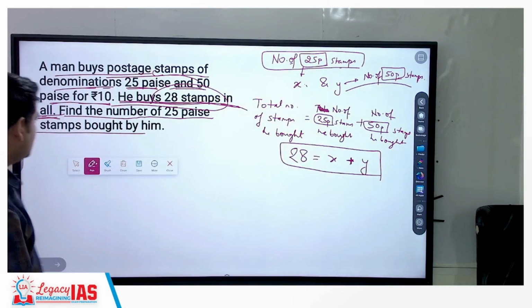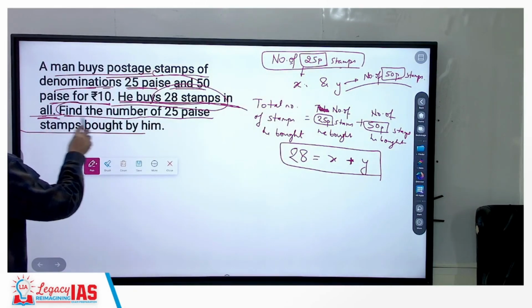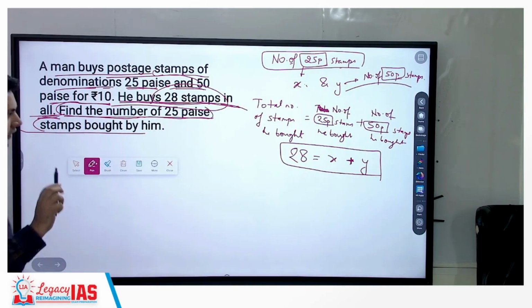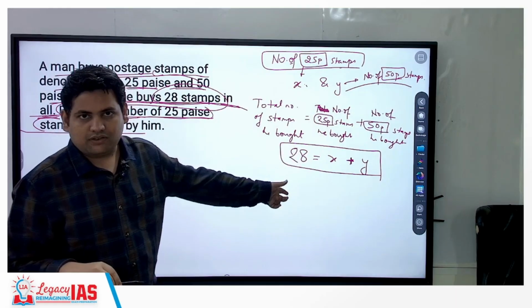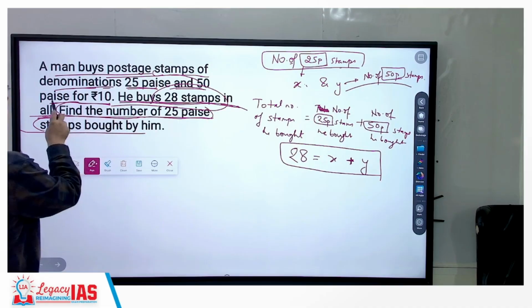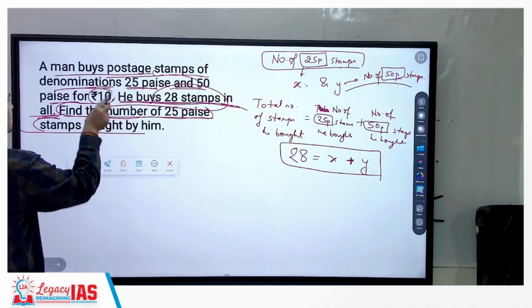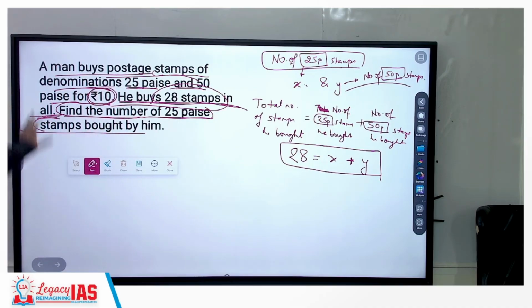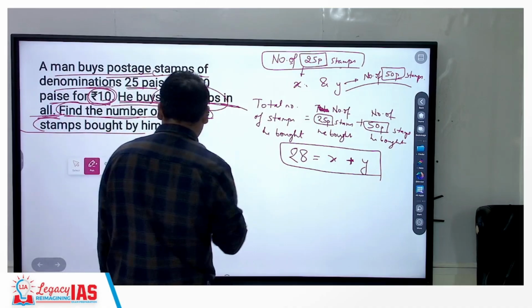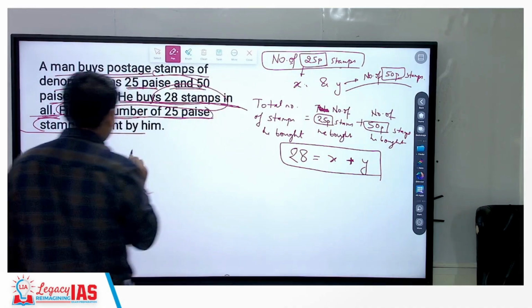This becomes your first equation, that is X plus Y is equal to 28. Now we'll find the second equation. For the second equation, what it says is that he bought for the total money of 10 rupees. A man buys postage stamps of denominations 25 paise and 50 paise for 10 rupees. Now see this carefully.